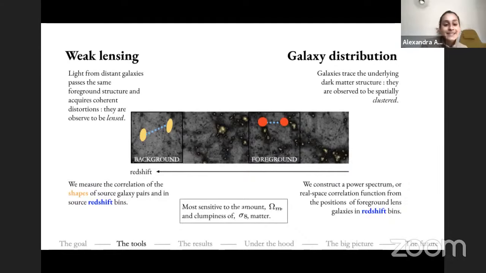And so we're particularly sensitive to two cosmology parameters, omega matter and this sigma 8 parameter, the amplitude of fluctuations. Now, in reality, we don't just have one source sample or one background sample and one lens sample. We divide each of these samples up into redshift bins. So we do our analysis tomographically. And that allows us to enhance our signal to noise and probe the evolution of structure with redshift. And that gets us at dark energy.